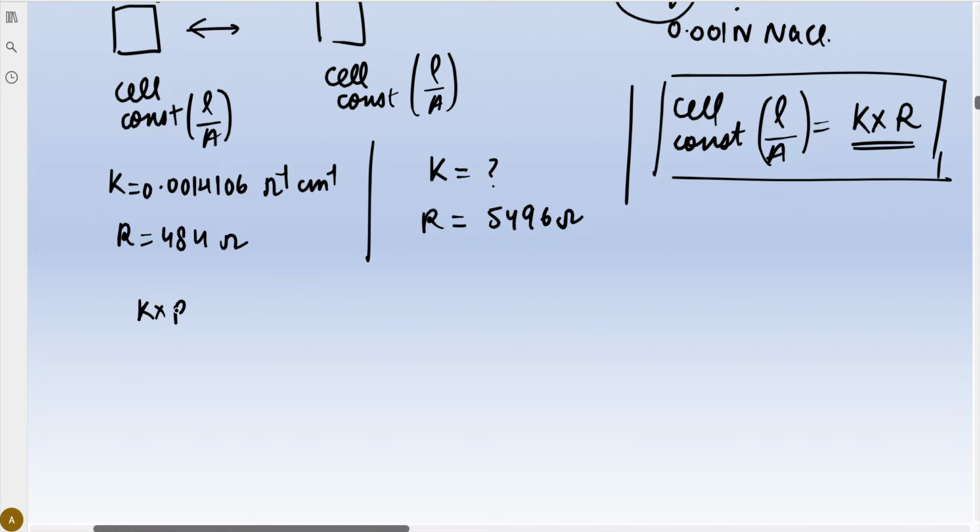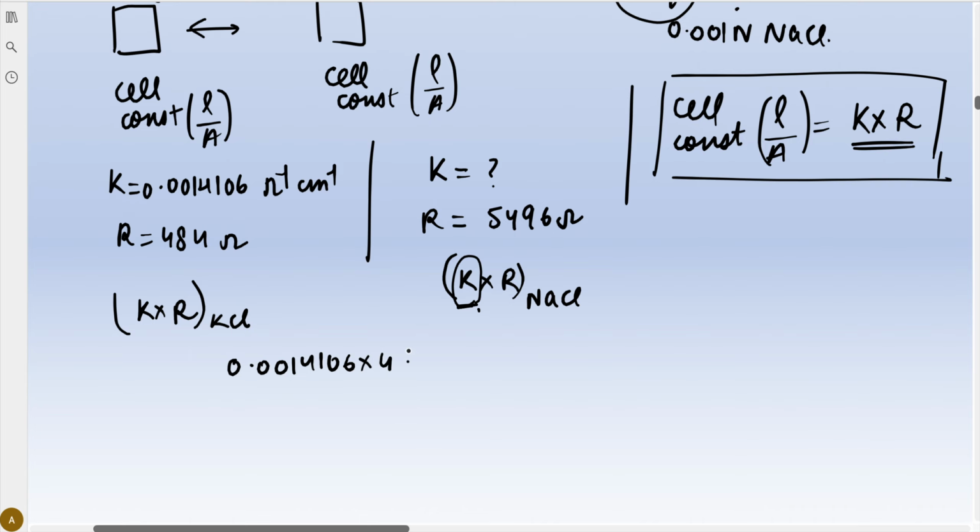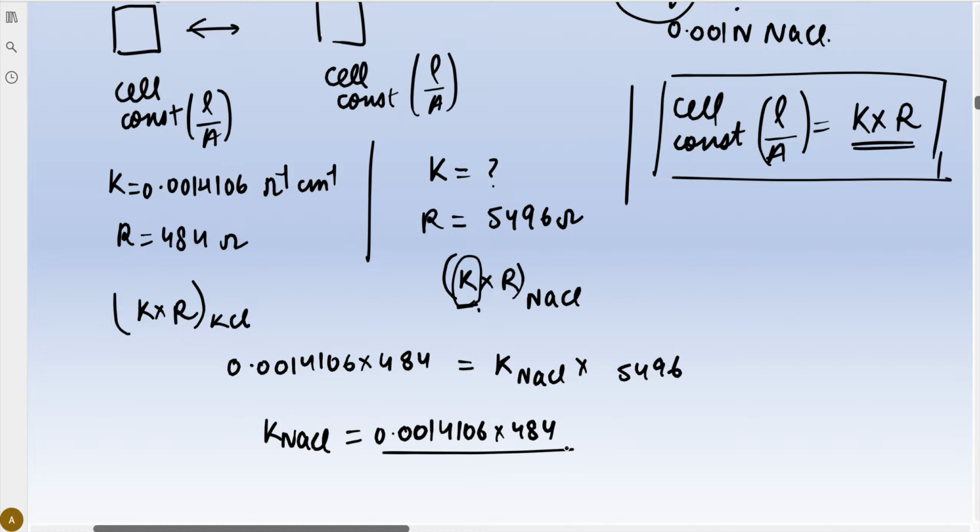So K into R of KCl should be equal to K into R of NaCl. Now try to calculate the K value for NaCl. So try to see: 0.0014106 into 484 is equal to K of NaCl into R, which is given as 5496. So K of NaCl will come from here: 0.0014106 into 484 divided by 5496. This you keep like this only, don't calculate.